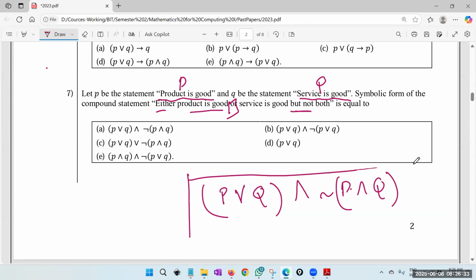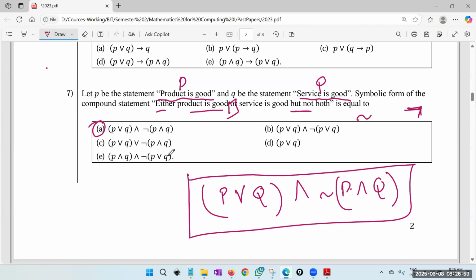Do we have something like that? P or Q and not, the first one is like that. What about the second one? Is that sign the not sign? Yeah, this inverted L is another sign for not. Either you can use this sign or this sign.